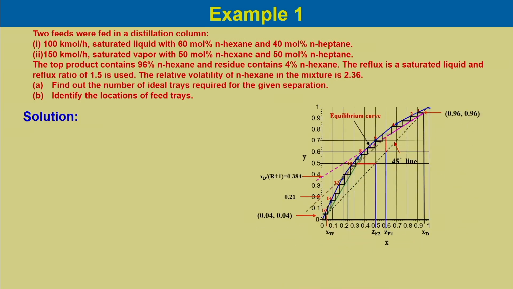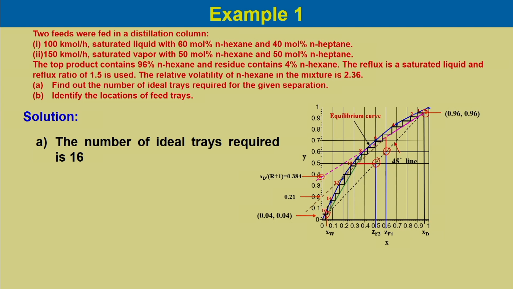So, now if we plot for the stripping section operating line, you can locate the 2 feed conditions on the 45 degree diagonal and you can locate the distillate condition here. And for the rectifying section, with the intercept 0.384, that is x D by R plus 1, we can plot the operating line in the top section, section 1.